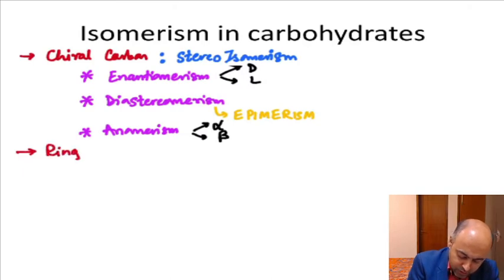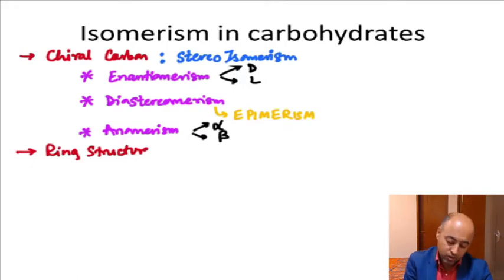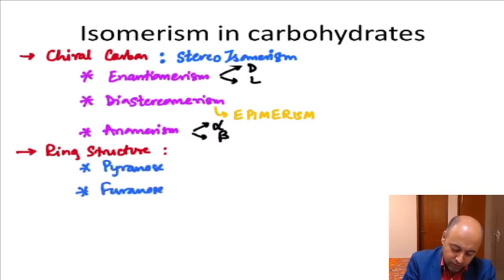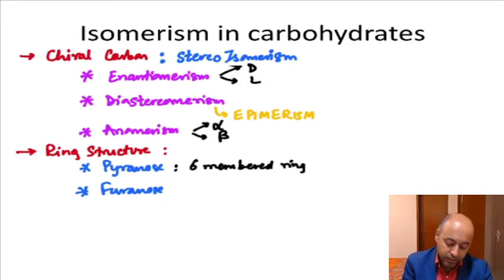Then we can have isomerism on the basis of the ring structure. On the basis of ring structure, we can have the pyranose form and the furanose form. Pyranose has a 6-membered ring, 5 carbon and 1 oxygen, whereas furanose has a 5-membered ring.